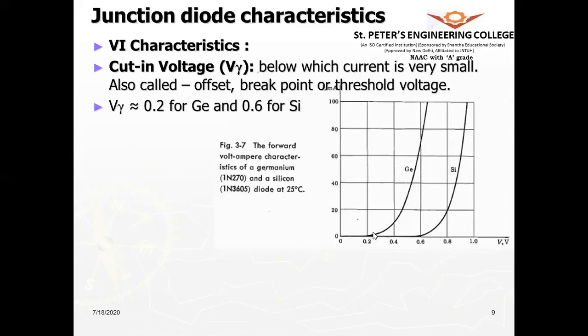So it is approximately 0.3 volts for germanium and 0.7 volts for silicon, though here it is shown as 0.2 and 0.6. In general, for practical purposes, we take V gamma, that is the cut-in voltage, for a germanium diode as 0.3 volts and 0.7 volts for silicon.